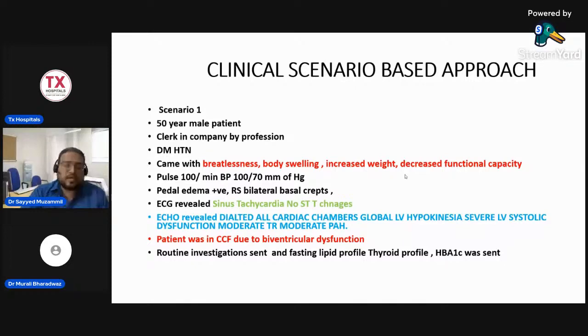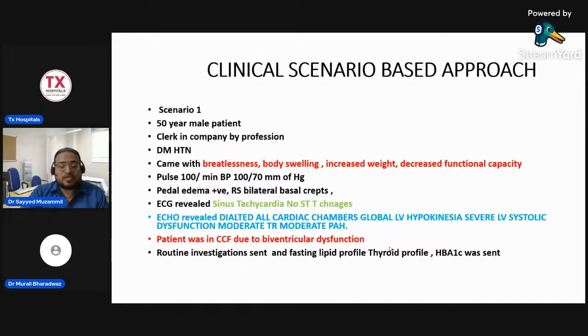So, I did the echo at the bedside, and I found that he had dilated all cardiac chambers with global LV hypokinesia with severe LV systolic dysfunction, and he was having moderate TR and moderate PH. So this patient had developed LV dysfunction, that is a left heart problem, that caused pulmonary arterial hypertension.